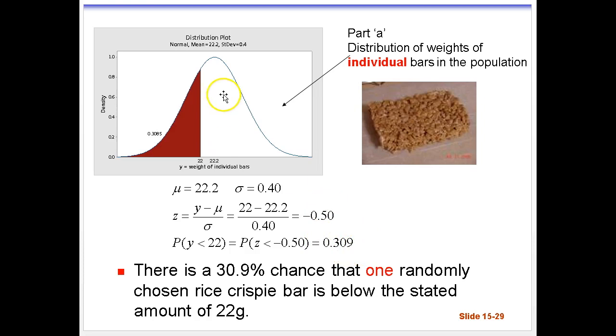Or, because I have technology available to me, I can go into Minitab or something similar, specify a normal distribution, give it the mean and the standard deviation of the population, find all the area to the left of 22, and there's my answer from Minitab at 0.3085. So there's a 30.9% chance that if I take one randomly chosen Rice Krispie bar off the line, it's going to be below the stated amount of 22 grams.